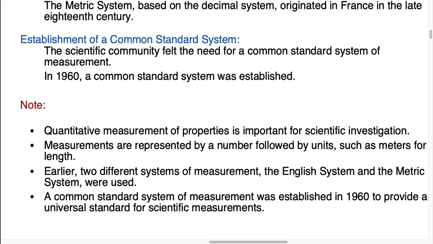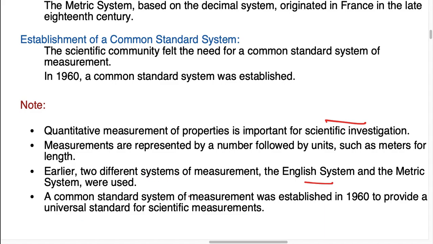So let's see the important notes. First, quantitative measurement of properties is important for scientific investigation. Measurements are represented by a number followed by a unit, such as meter for length. Early on, two different systems of measurement were used, the English system and the metric system.